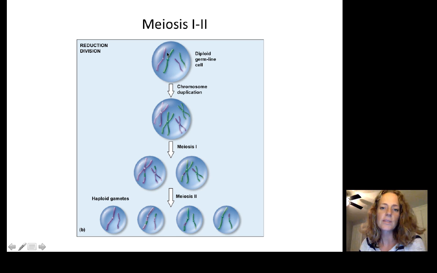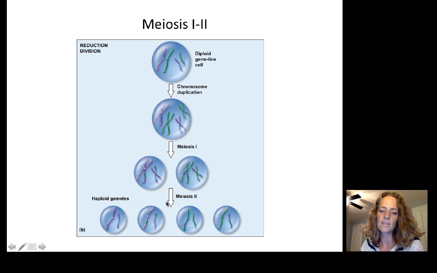So meiosis 1 starts with a parent cell. Chromosomes replicate. So here we had a single mom copy and a single dad copy of chromosome 1. They will replicate, and then through the process of meiosis 1, become genetically different through crossover and assort completely independent of whether they were maternal or paternal.